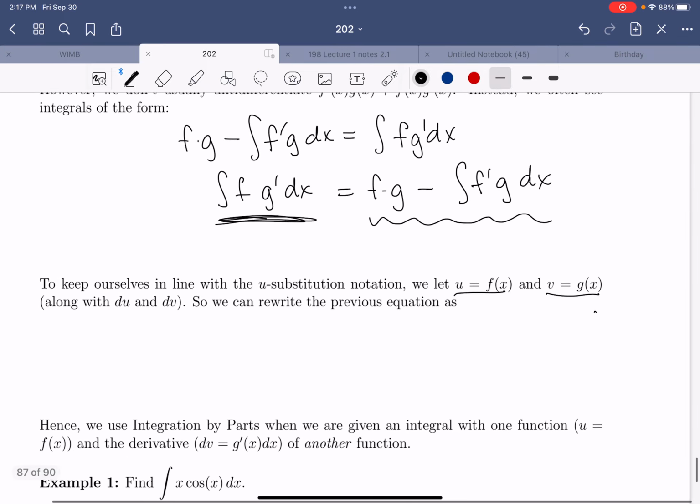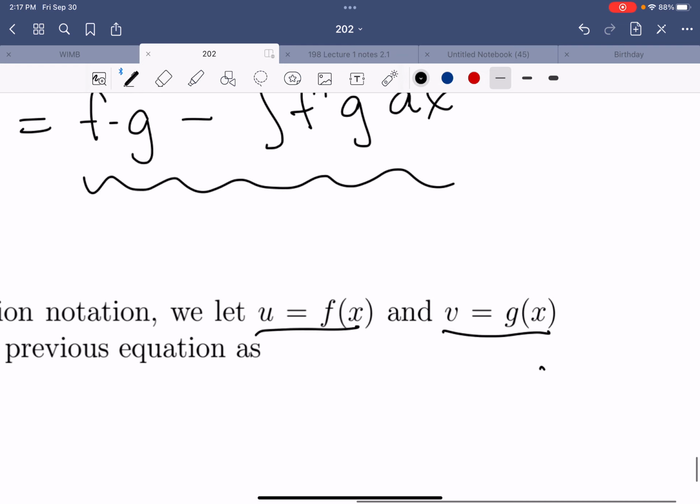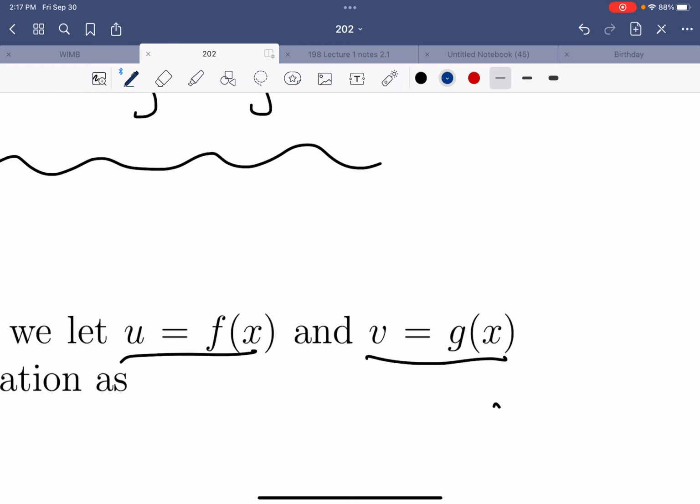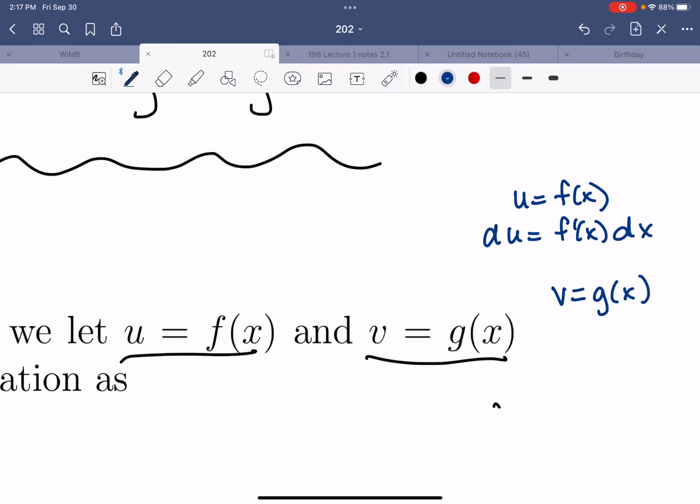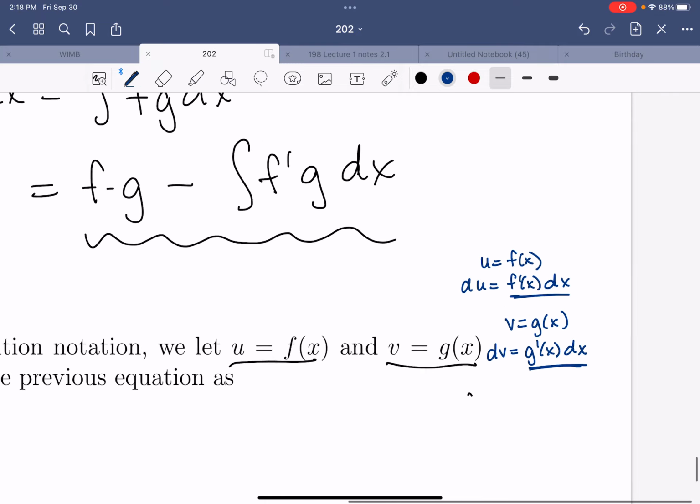Now keep in mind, little side note here, that if you have that u is equal to f of x, that means that du, the derivative, is f prime of x dx. And if v is g of x, then dv is g prime of x dx. So anytime I see g prime of x dx or f prime of x dx, we know that that's dv and du.